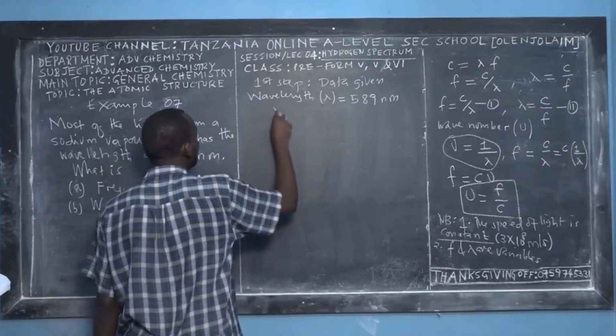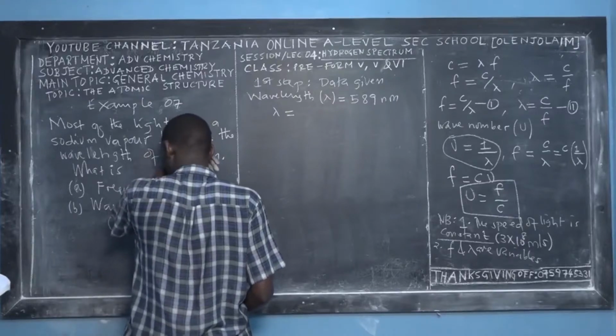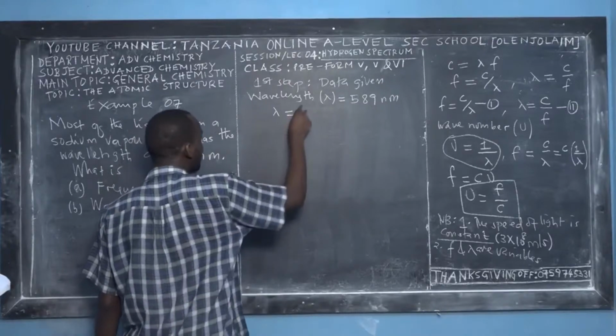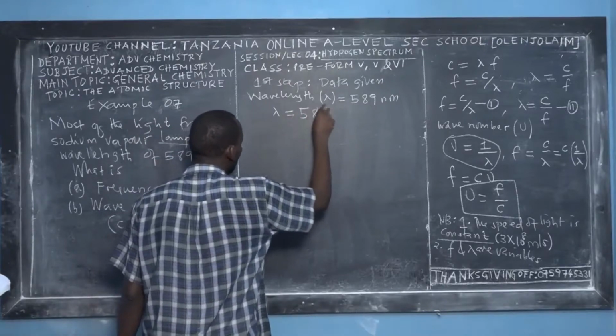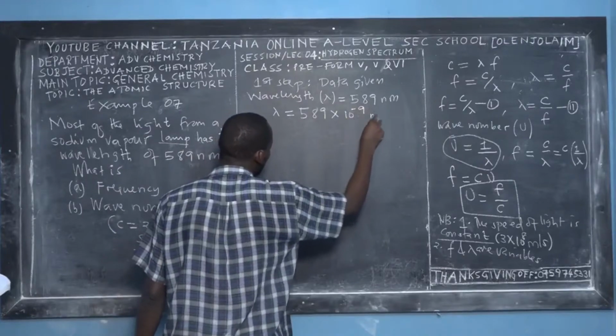If you convert this, the wavelength will be 589 times 10 to the negative 9 meters.